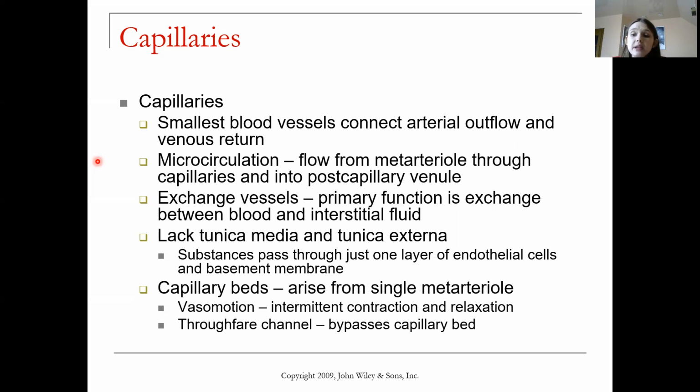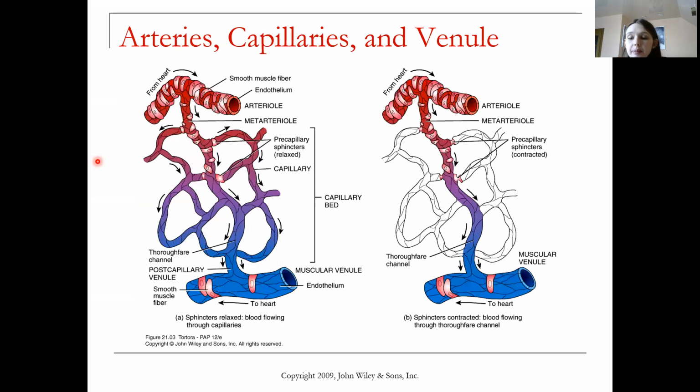Capillary beds arise from single metarterioles, and the motion present here is intermittent contraction and relaxation of these capillaries, and through channels they bypass the capillary bed. So in this picture, we can see the structure of this capillary bed, which consists of the metarteriole, which has precapillary sphincters, which can relax and sometimes constrict.